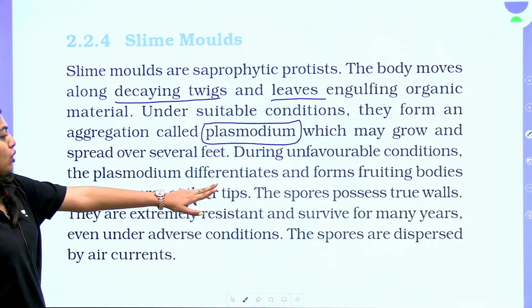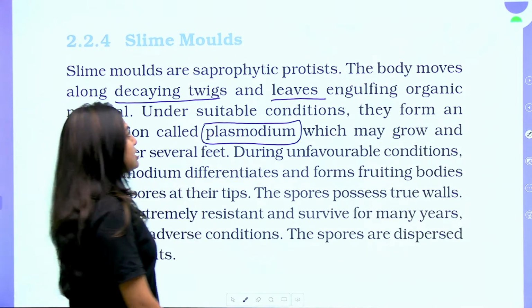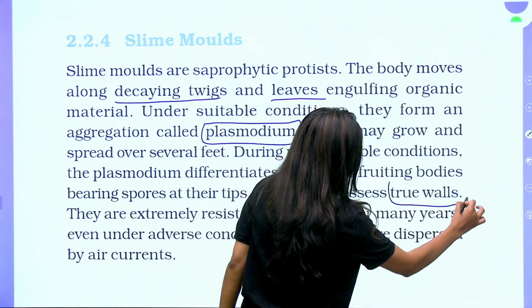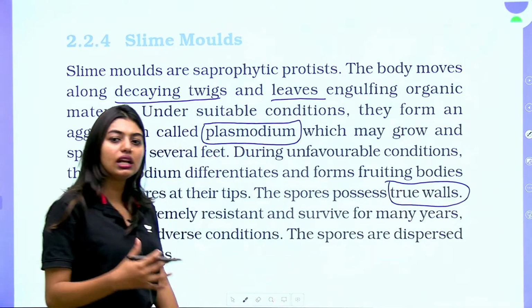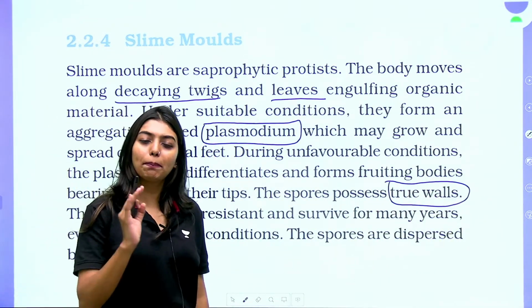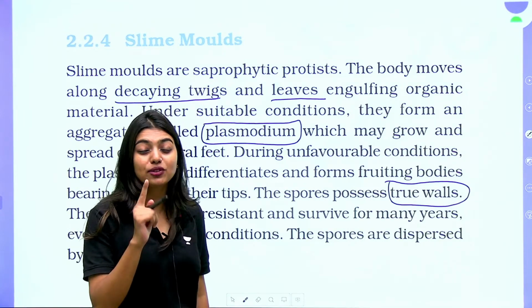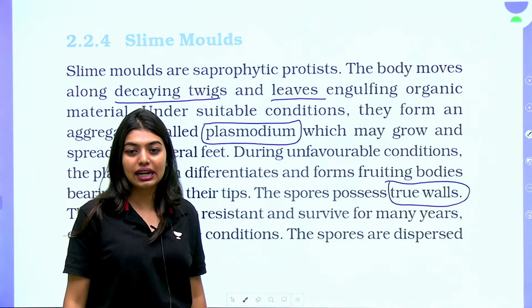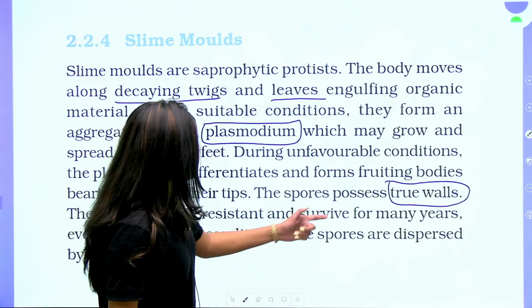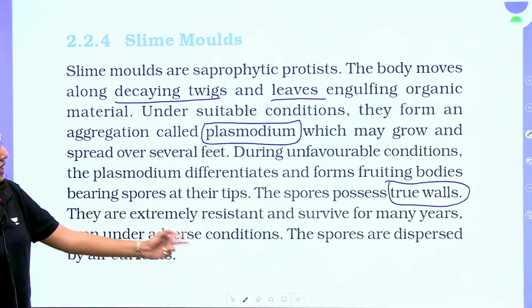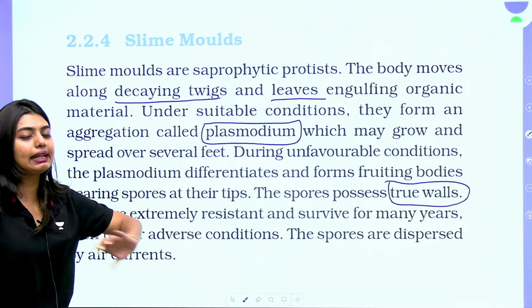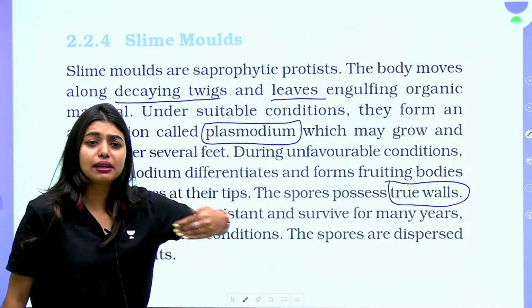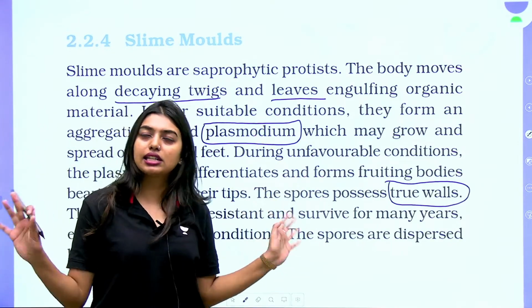And the spores possess true walls. Students, even if slime mold does not have a proper wall, the spores will form a proper wall. Why? Because spores have to withstand unfavorable condition, right? So, spores will have true walls and they can withstand any kind of condition. Even for many years, they will sleep like this only.